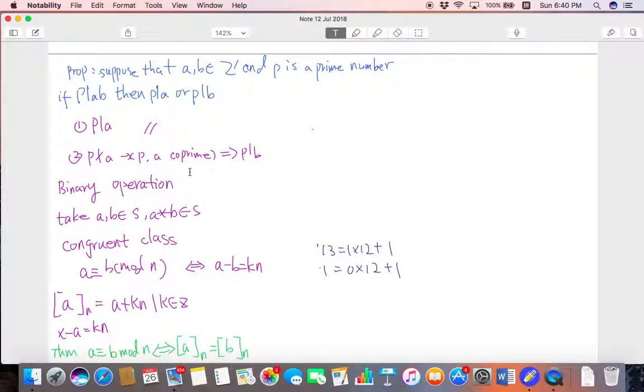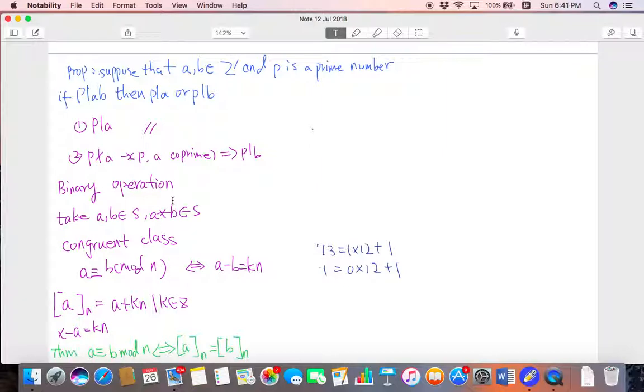Since p is a prime and p cannot divide a, p and a must be relatively prime. And from a theorem I introduced last time, p divides a times b, and p does not divide a, that means p divides b. And that's a proof of this proposition.